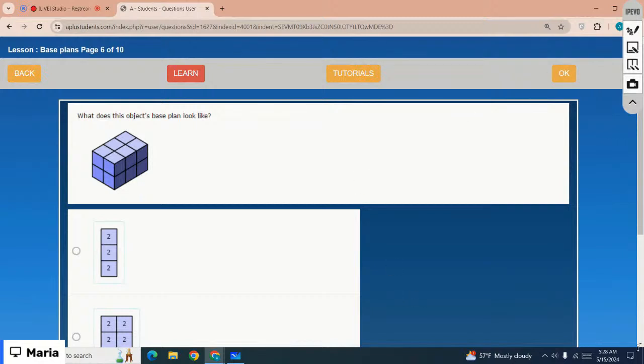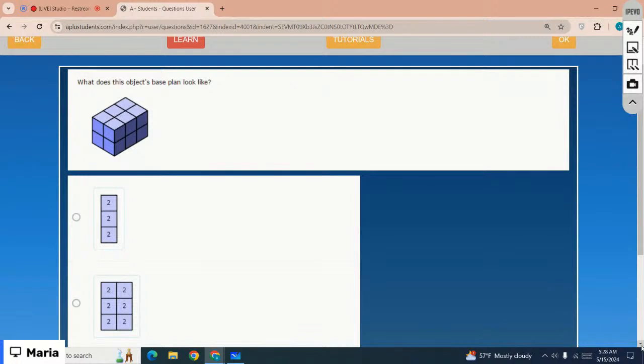The correct option is option number 2, right? You have one, two, three squares in each row and two in each column. So that would be the second option.